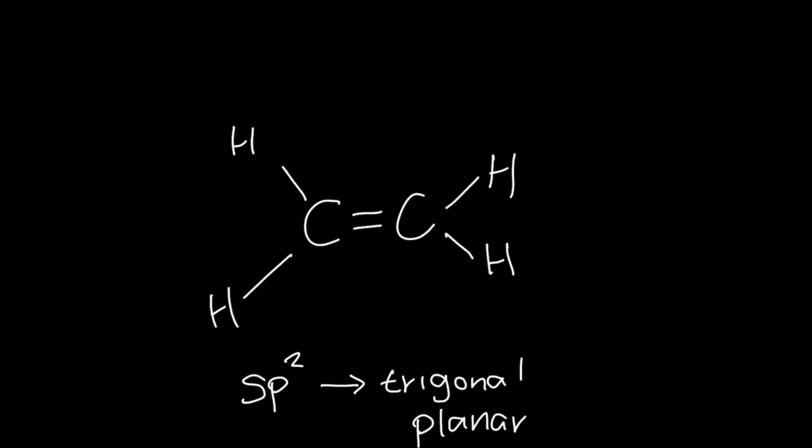And I can see that if I draw out the sp2 orbitals. There's an sp2 orbital here, there's an sp2 orbital here, there's an sp2 orbital here. Now, because it is an sp2 hybridization, this carbon also has a p orbital. So I'm going to do the same thing for the other carbon, and the p orbital.